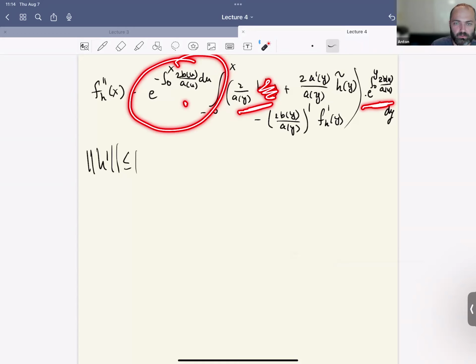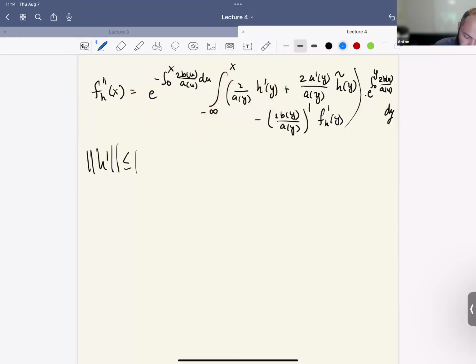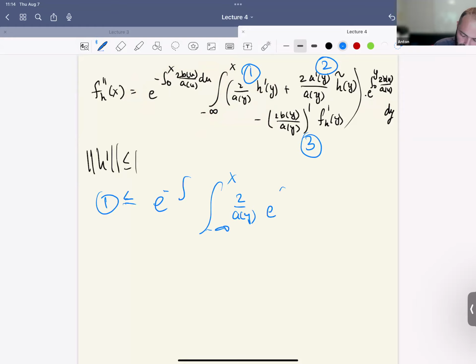This is exactly what we were bounding in the first derivative case. So let me write here 1, 2, 3. With, of course, 1 being e to the negative integral from negative infinity to x of 2 over a of y, times e to the integral, less than or equal to c over mu, because this is the same as in the first derivative bound.